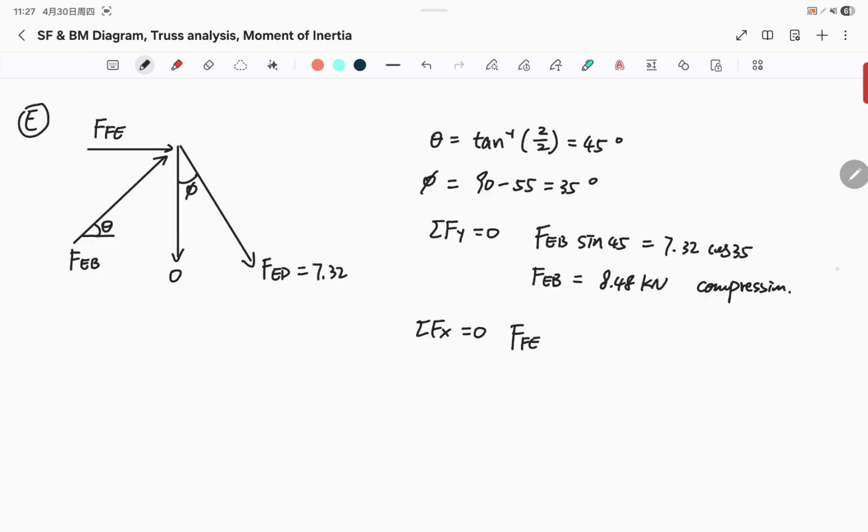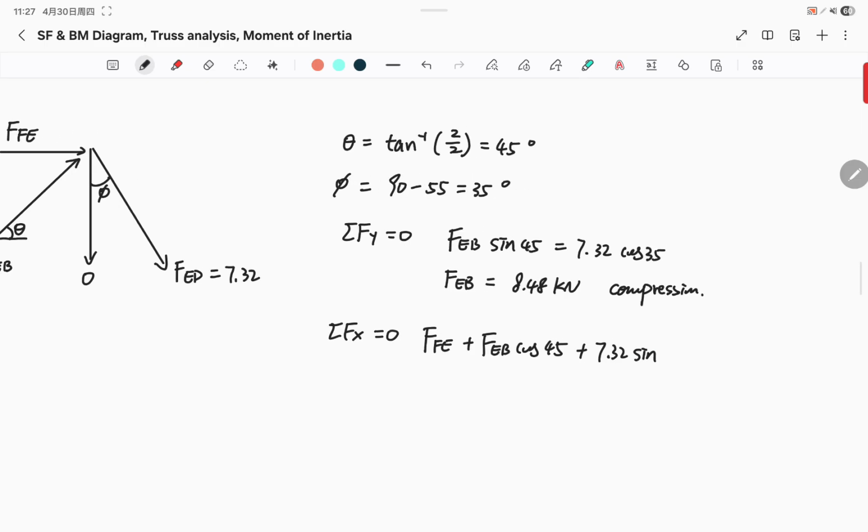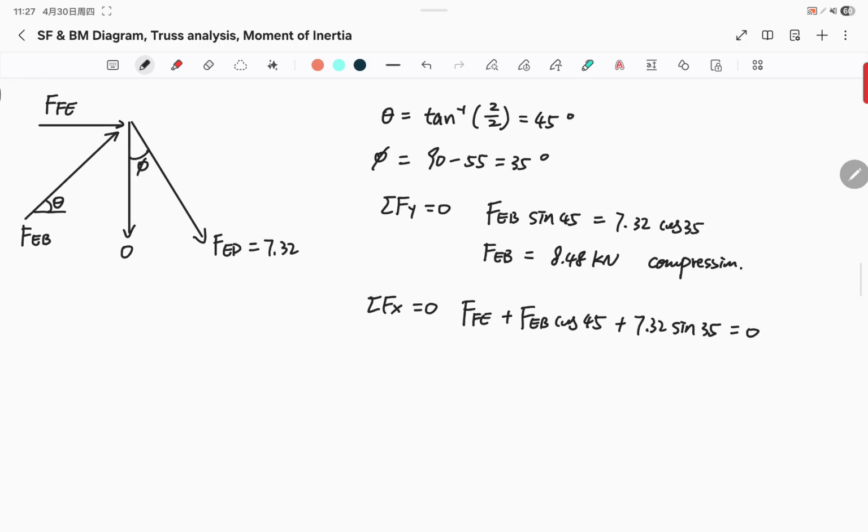We have the force we just solved, force Eb cosine theta, and we also have the FED force, the 7.32 sine phi. See, everything here is FEB, we just solved it. It's 8.48.